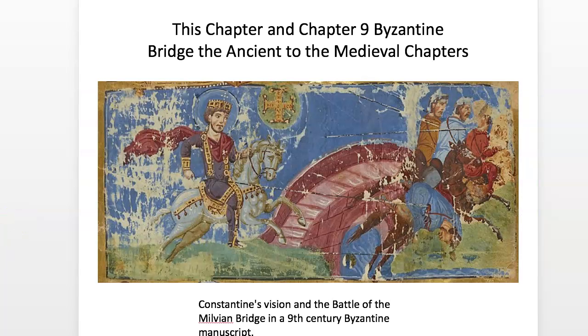And as I said a moment ago, we could think of this chapter and also chapter 9, the Byzantine Empire, bridging the ancient to the medieval chapters. So these chapters kind of take us from the classical world into the medieval stuff and some of the subject matter that begins to change in the ways in which they depict it continue to develop on for quite a long time.